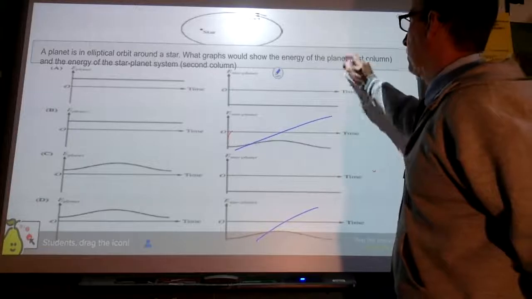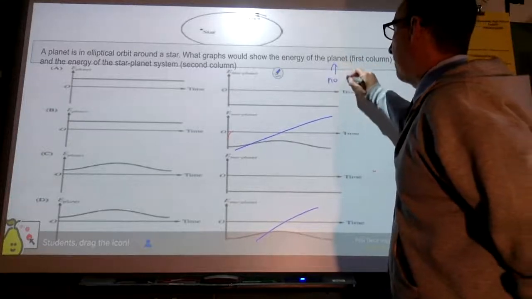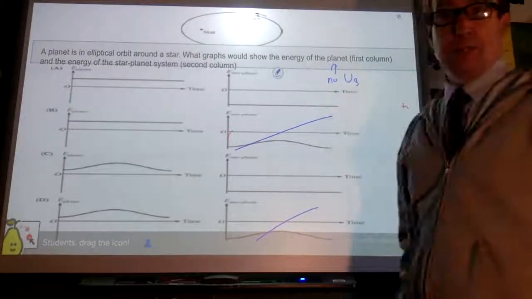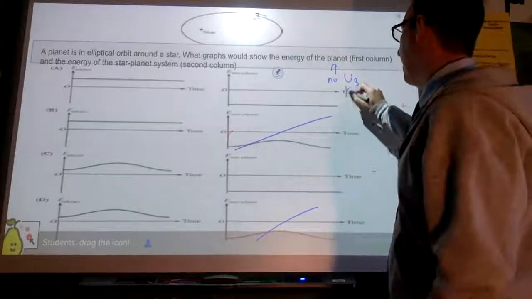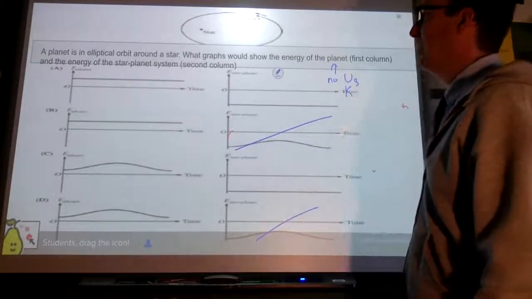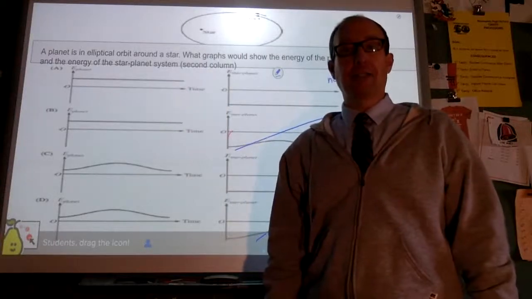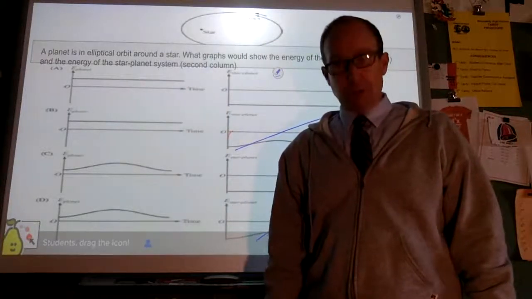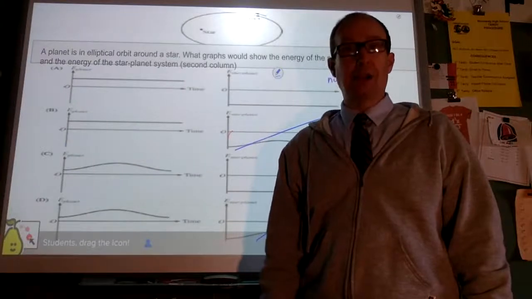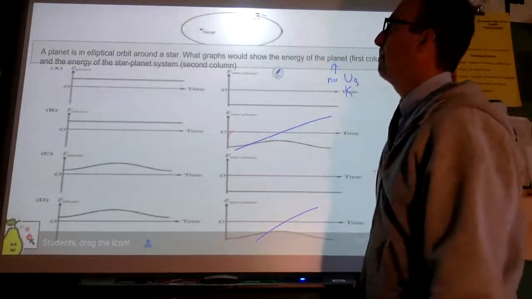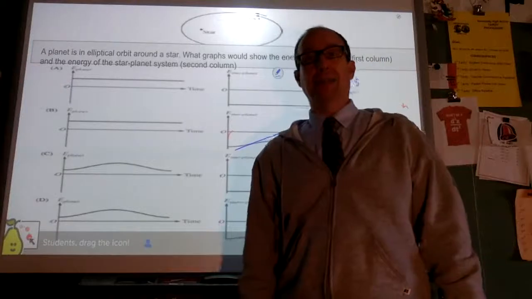The planet itself would have no potential energy. It would only have energy of motion, which is kinetic. Would the speed of it change? Yes. It's going to turn out that the closer this comet gets to the star, or this planet gets to the star, it's going to go faster and faster.